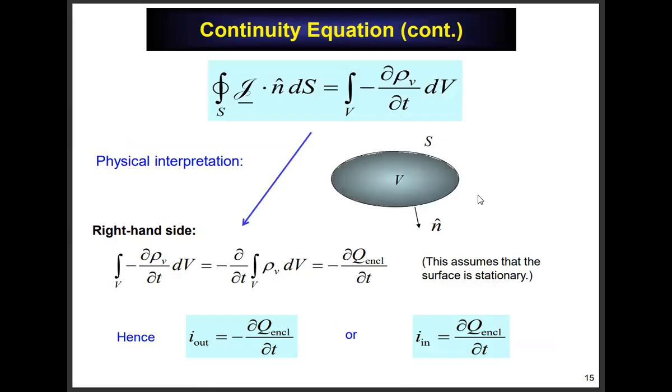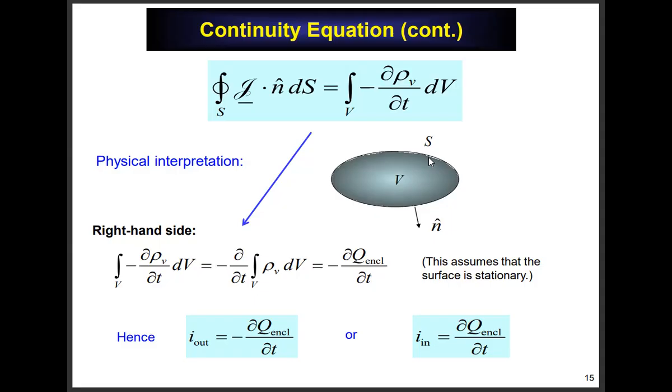Now, to give a final physical interpretation, let me do one more thing, which I think is fairly practical. I'm going to assume that the volume itself and the surface S are fixed and not changing with time.